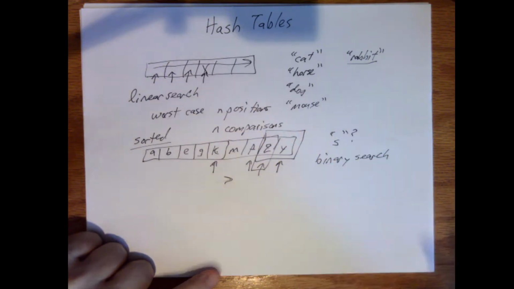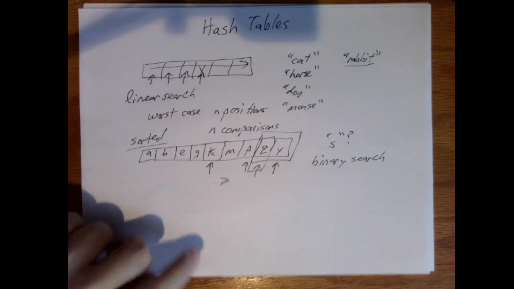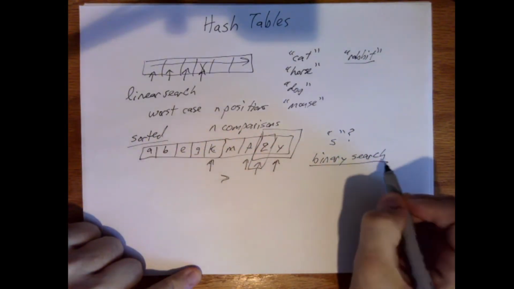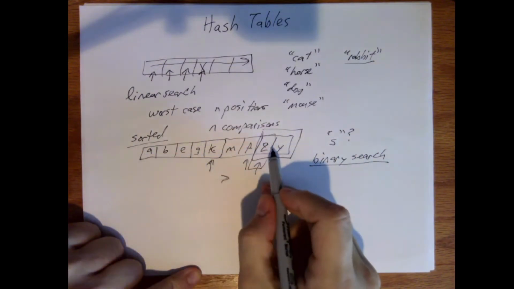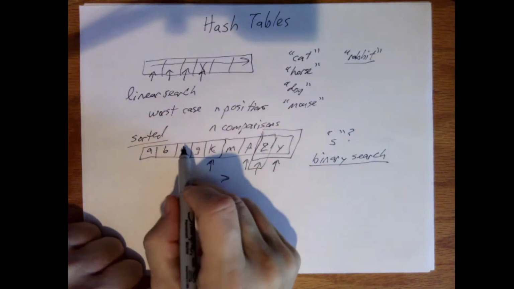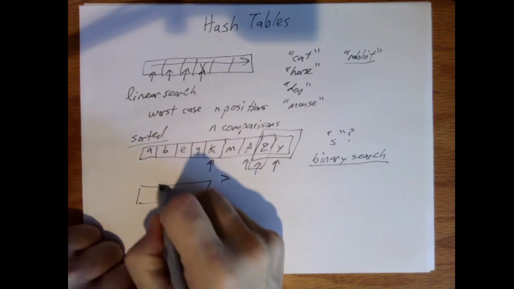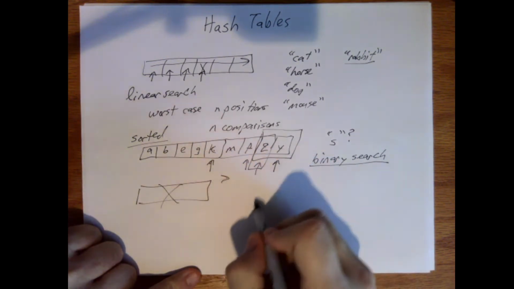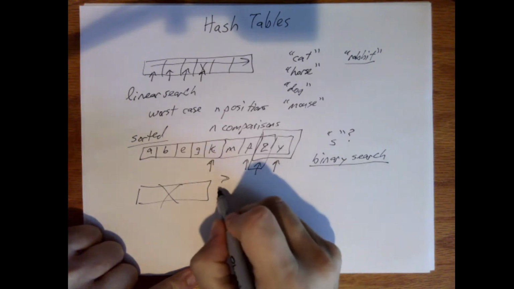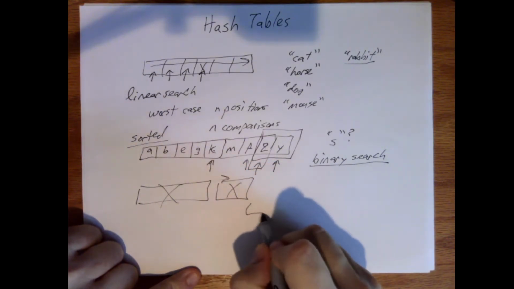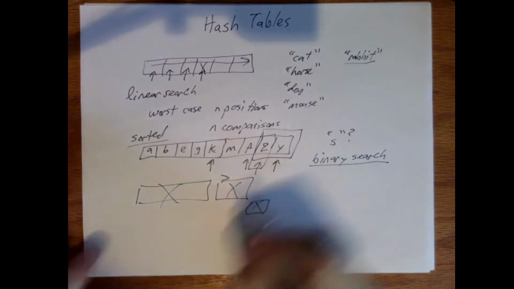No. So I know that S isn't there. But because it was sorted and I'm performing a binary search, at each comparison, I'm basically eliminating half of what's currently available. I eliminated this half. Then I eliminated this half. Then I eliminated, say, this half or whatever.